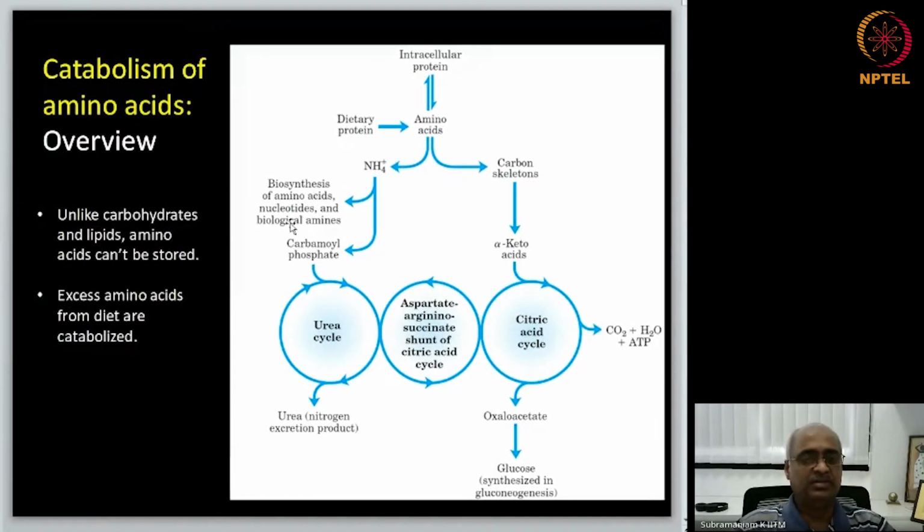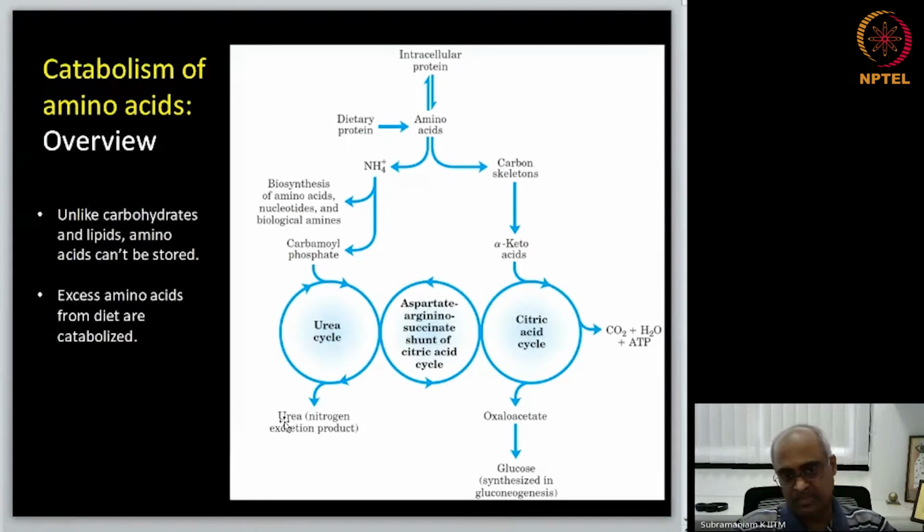So in their biosynthesis and amino acid biosynthesis, it gets recycled, and really the excess, more than what's needed, is combined with carbonic acid to form carbamyl phosphate, and this carbamyl phosphate via the urea cycle is converted into urea, and this urea is excreted in the urine. So this is what happens in our body.